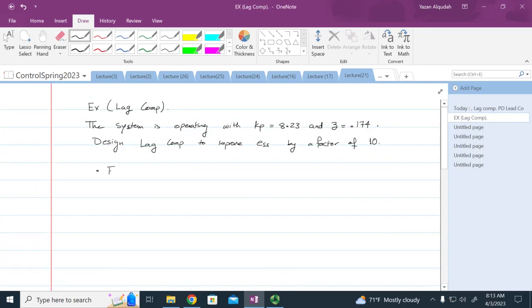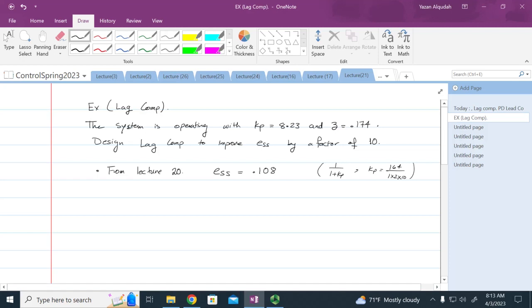So I'm going to write here, from lecture 20, we calculated the steady state error and it was equal to 0.108, which is equal to 1 over 1 plus Kp, and Kp was equal to 164 divided by 1 times 2 times 10.